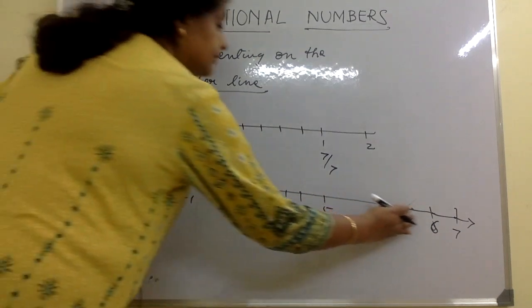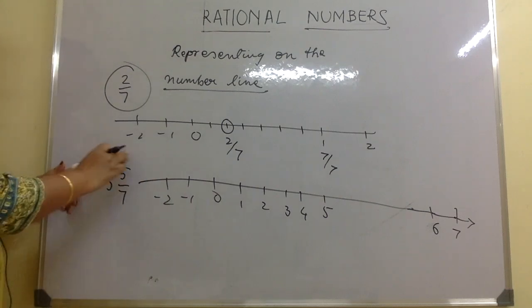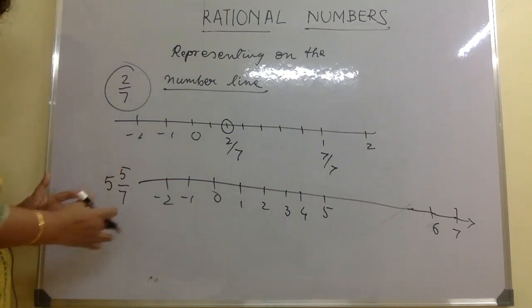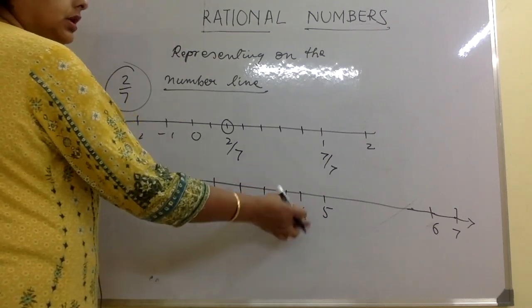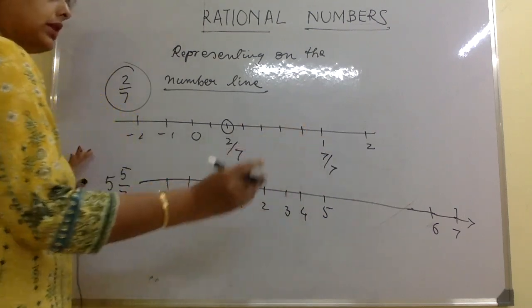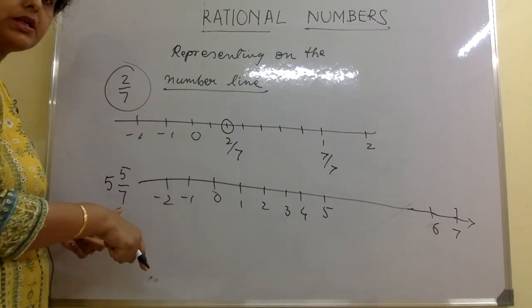Now when I write 5 by 7, then 5, this is 5 cakes over here. And then 5 by 7 means the second cake has been cut into 7 parts, out of which we are taking 5 parts.